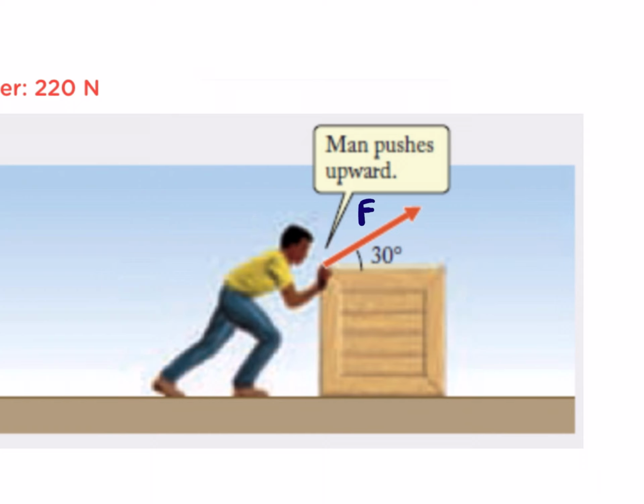If we draw the Cartesian coordinate, this is the y axis and this is the x axis. Once again, we look at the forces acting on the x axis because the box should be moving in the horizontal direction. Hence, we have to solve for Fx, the x component of the person's force.